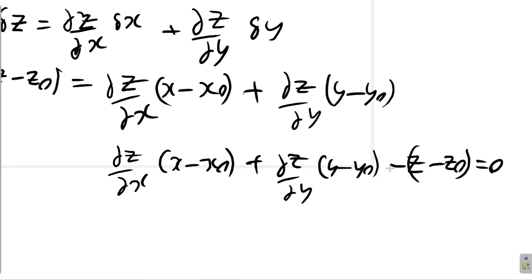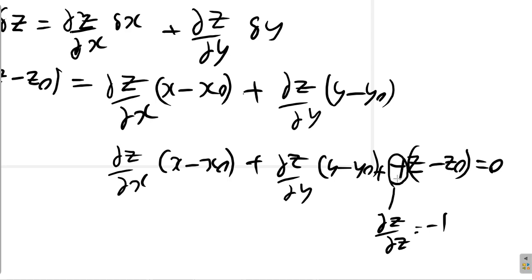Now what would be delta f by delta z? Let's see, you say plus negative 1 times z minus z naught. So it means that delta f by delta z is equal to negative 1. When it comes to finding the normal line, you're going to have to use this fact. Now, all of this is an equation in x, y, and z.